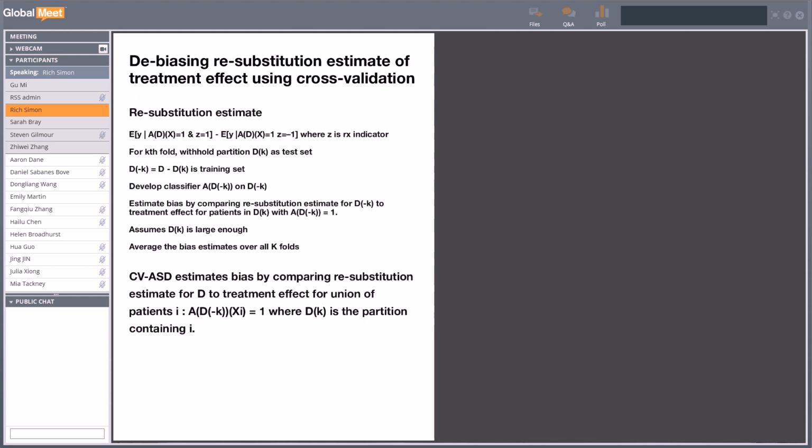On the validation part of the data, we simply classified the patients using the classifier developed on the training set, and then got an unbiased estimate of treatment effect in the subset that was predicted to benefit, and were able to do a single significance test of that treatment effect in that chosen subset.